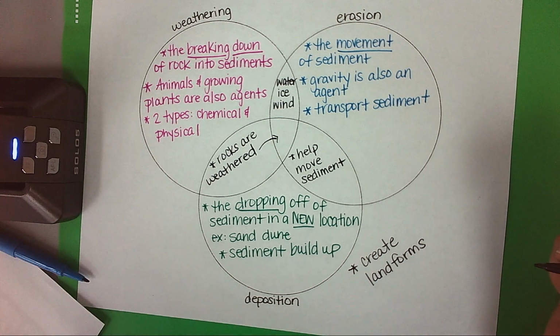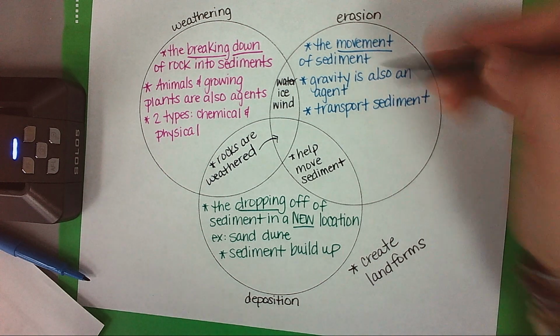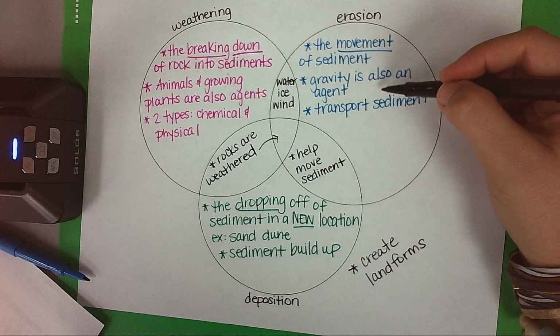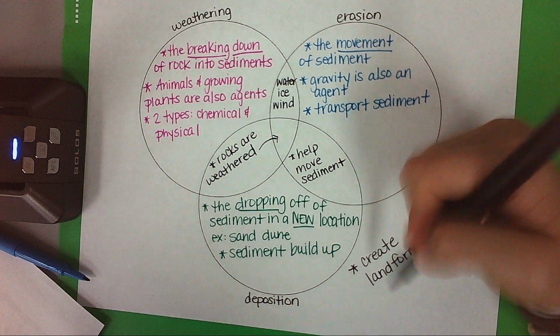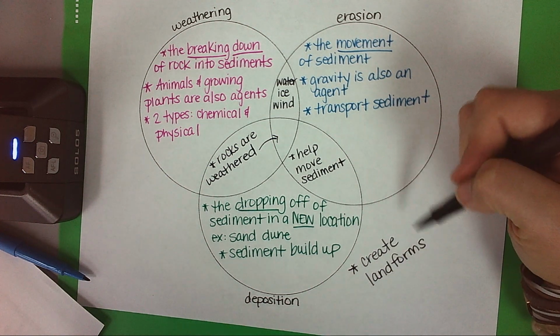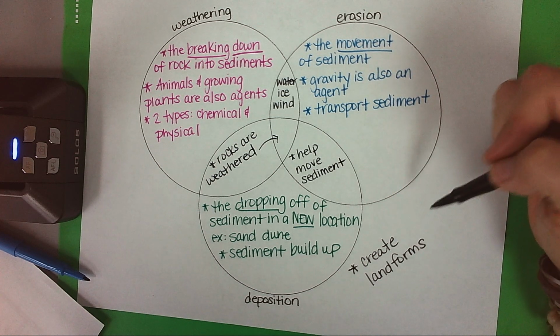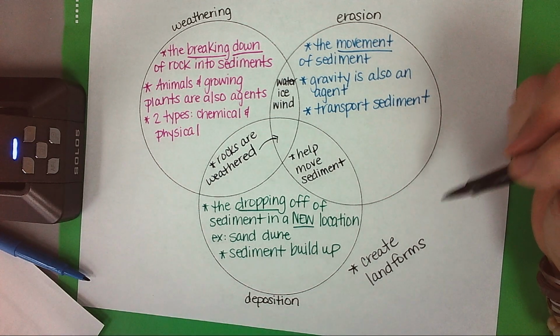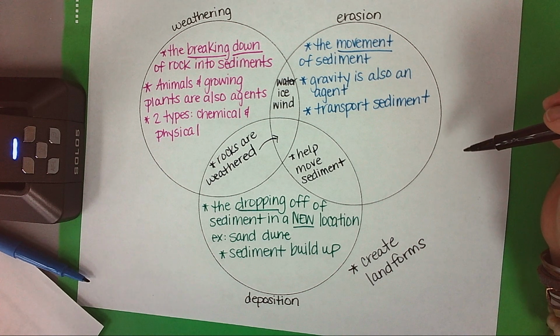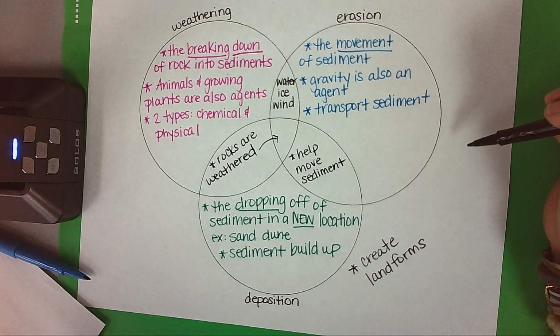Weathering and erosion use water, ice, and wind to help that happen, and then gravity pulls down on things, so gravity is going to help move that rock. The rocks are broken down, they're moved, and then they're dropped off, creating new landforms like sand dunes and canyons and things like that. So here is your weathering, erosion, and deposition Venn diagram, and this would go in your notebook as number 12.